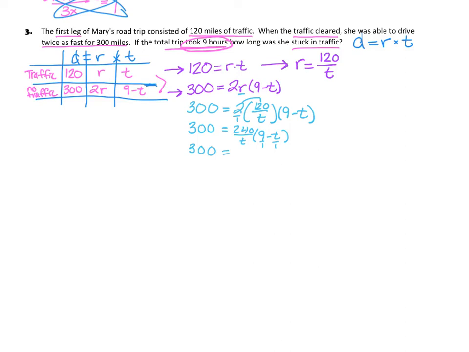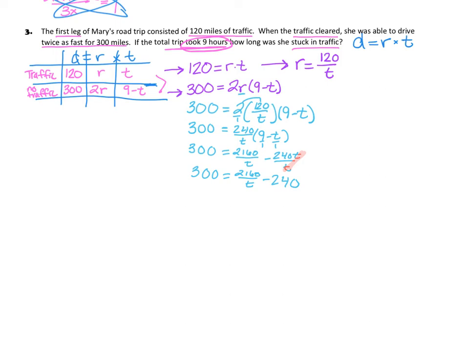So 240 times 9 is actually 2,160 over t minus 240t over t. Well, that last part of the fraction is actually going to simplify, because if I have 240t over t, these t's will simplify. So I'm left with just minus 240.